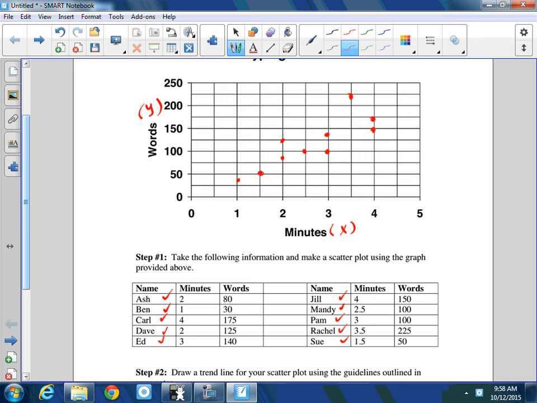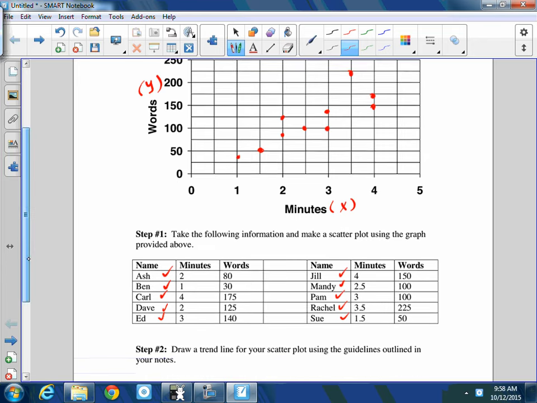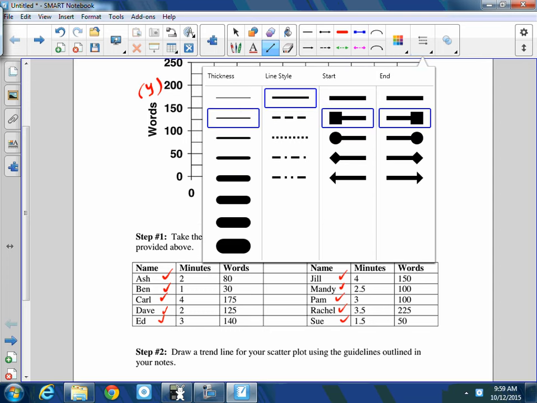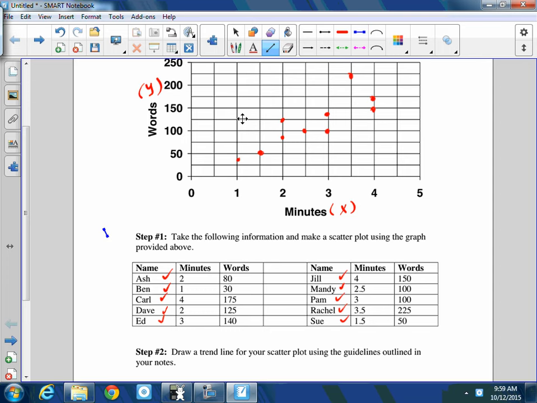Now, just by looking at the data, do you think it would be a positive correlation, negative correlation, no correlation at all? So to help us do that, let's go ahead and draw a trend line. So this is where you take your ruler, and you draw your trend line.